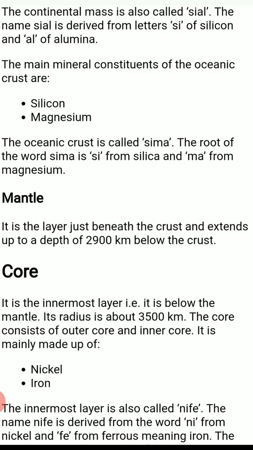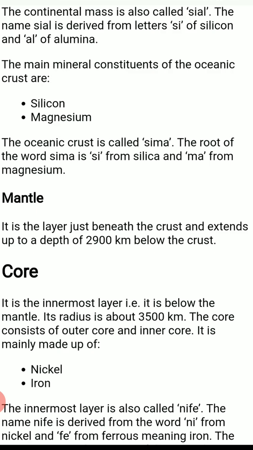Now the second is oceanic crust. Oceanic crust is made of the Sima. Sima means the first Si is silicon, and Ma means magnesium. In short, we can understand that the oceanic crust is called the Sima.